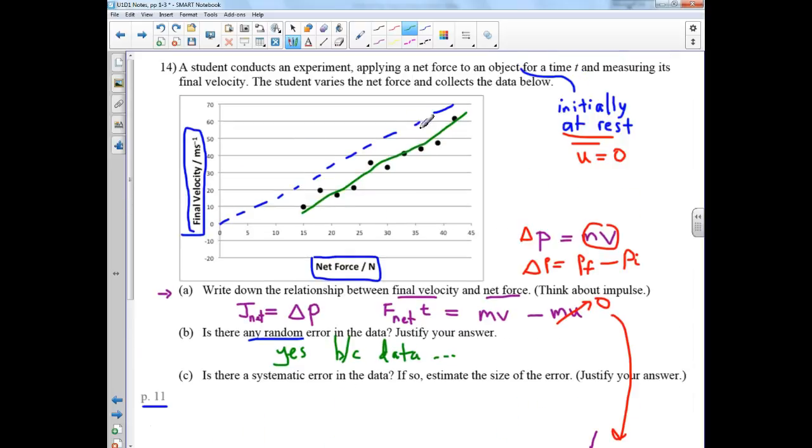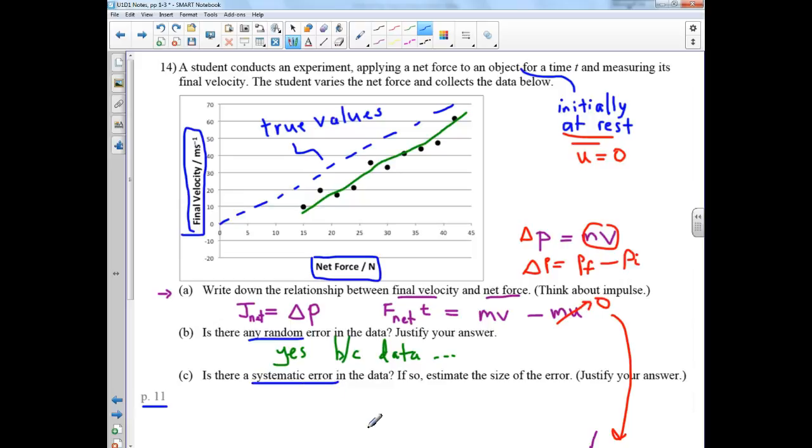By the way, the green line is the best fit line here. The blue line would be the true values. In some of the problems you're going to see, you will be shown the blue line, and in some, you're not shown. You have to figure it out just like we did here.